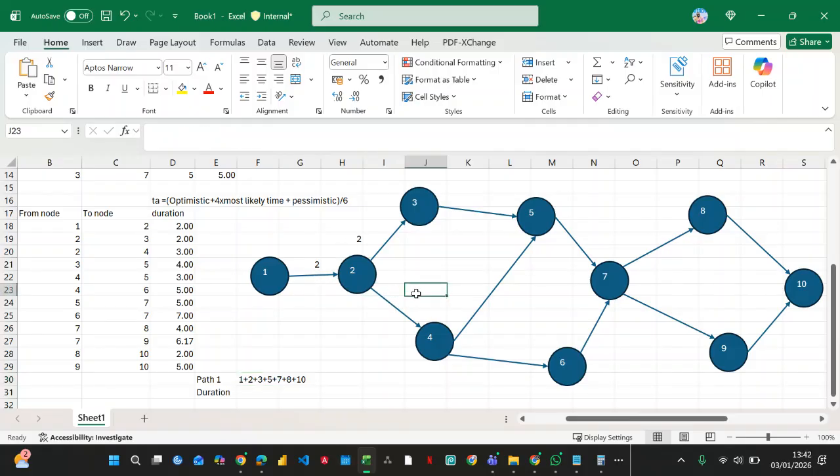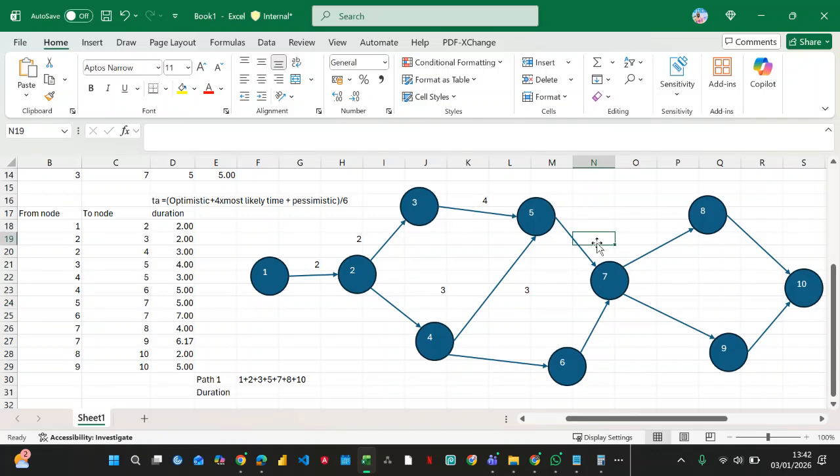Okay, 3.0 is here. And then three to five is what? It's four, 4.0. And then four to five is what? 3.0.